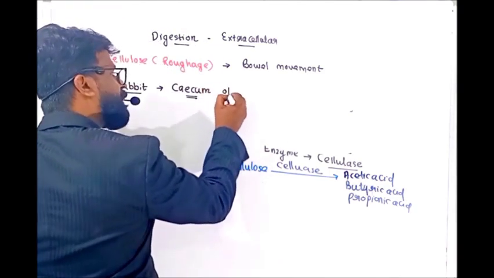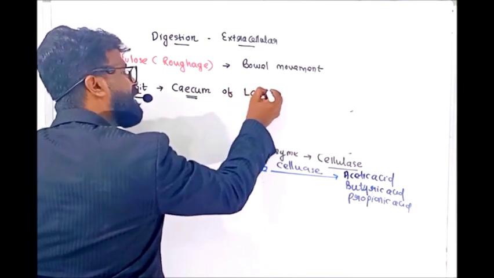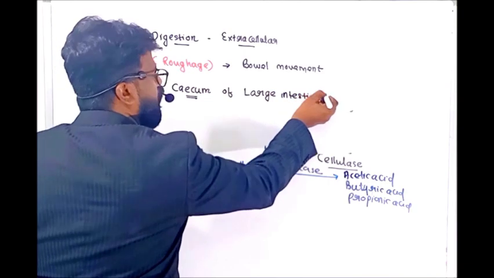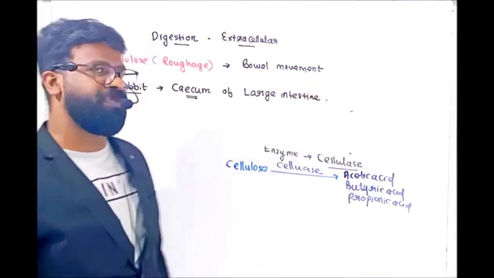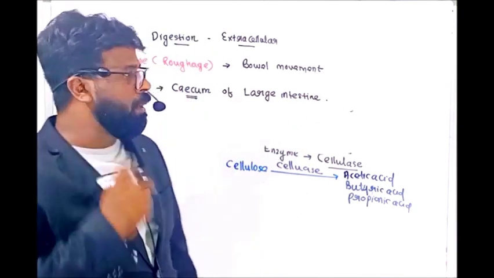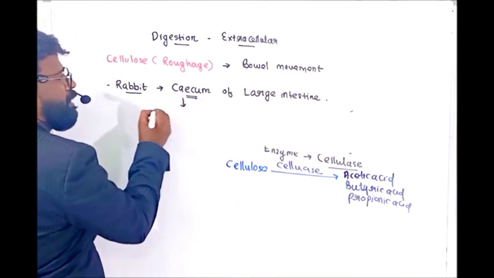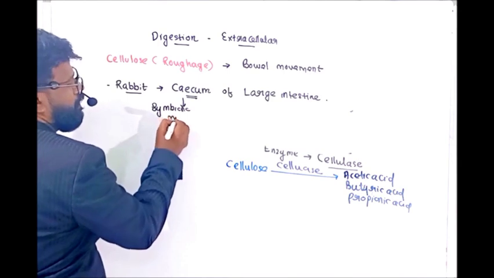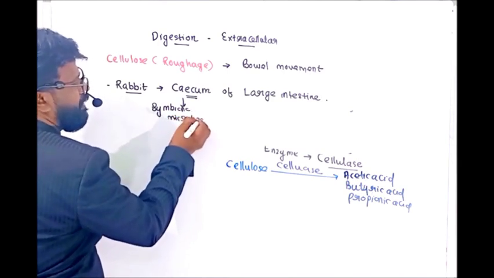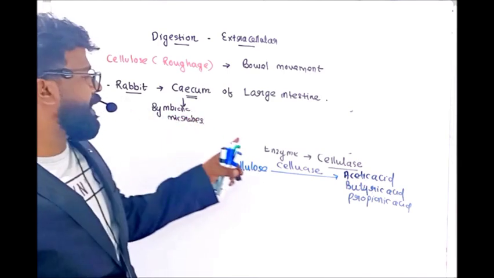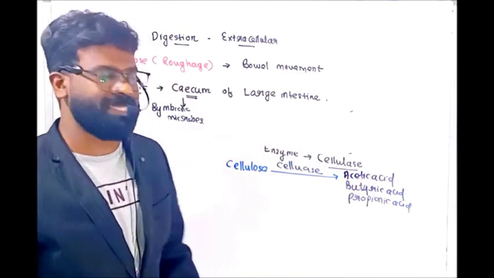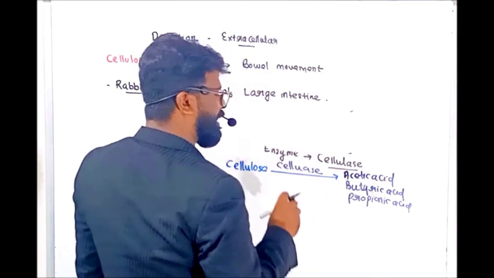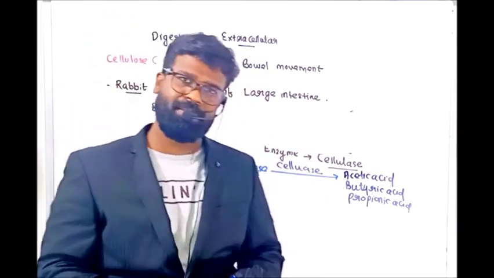Cellulose digestion takes place in the cecum of the large intestine in rabbit because the cecum has symbiotic microbes. Those symbiotic microbes produce the enzyme cellulase, which helps in the digestion of cellulose to acetic acid, butyric acid and propionic acid.